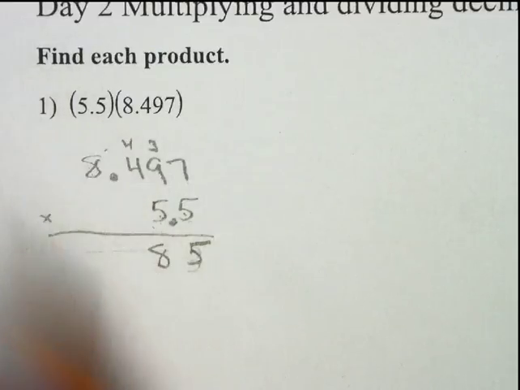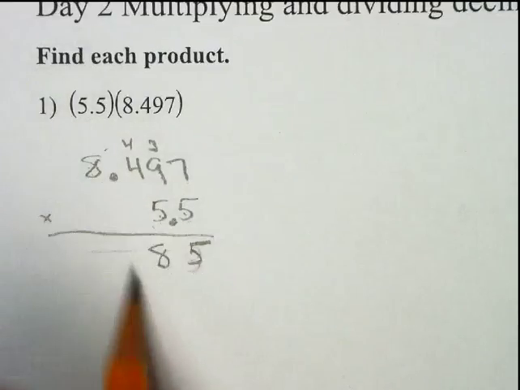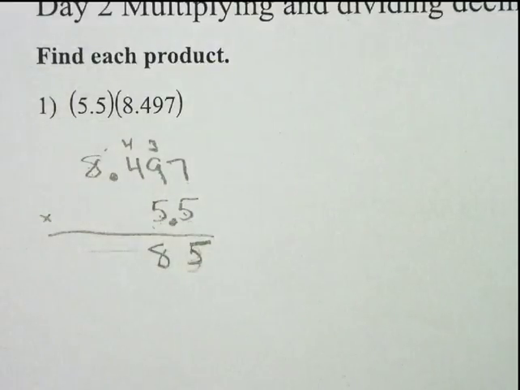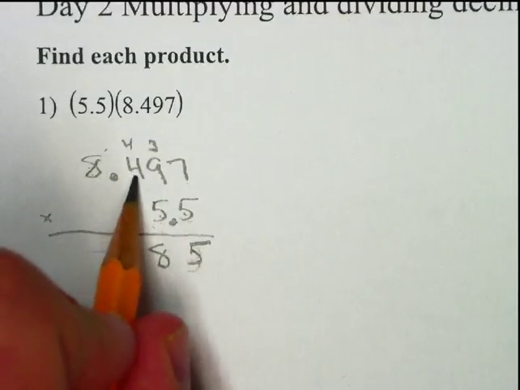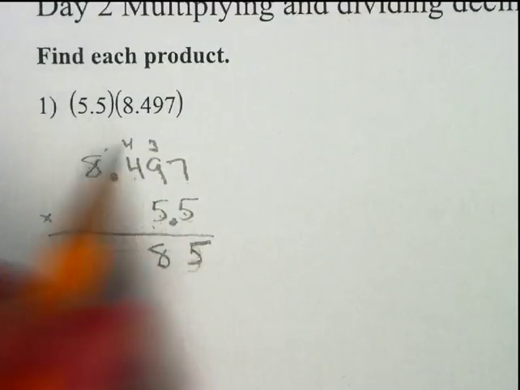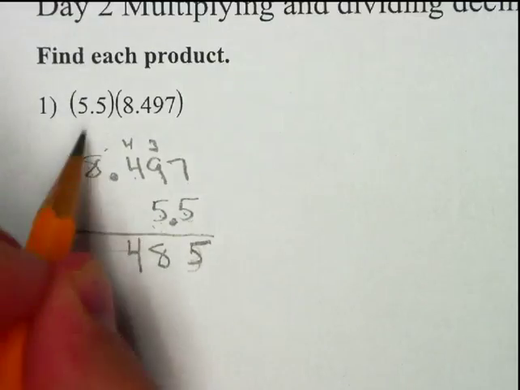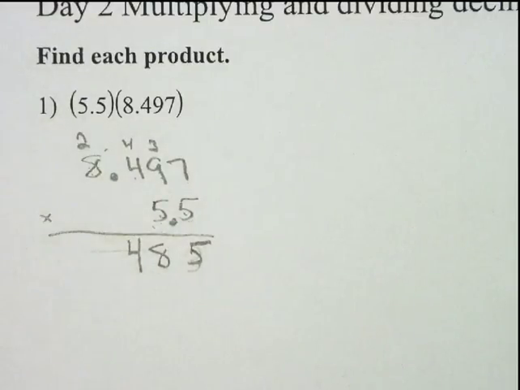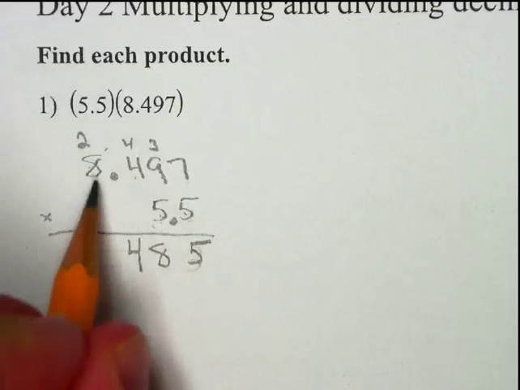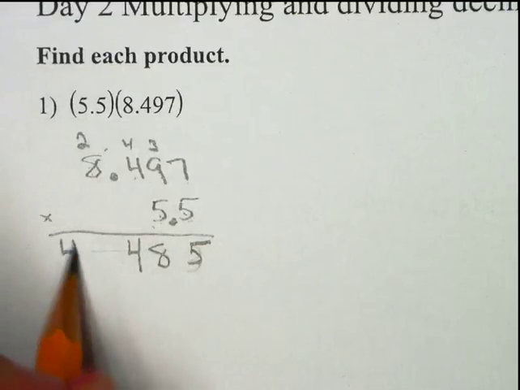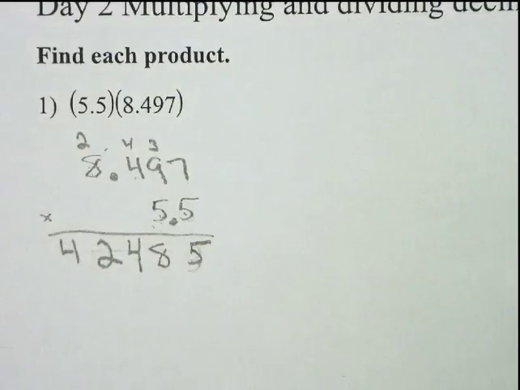Now, we want to keep things lined up as much as possible, because if you put things in the wrong column, it's not going to work. 5 times 4 is 20. 20 plus 4 is 24. 5 times 8 is 40, plus 2 is 42. So we should have 42485 on the first line. Double check that.